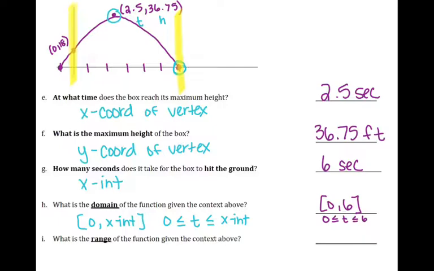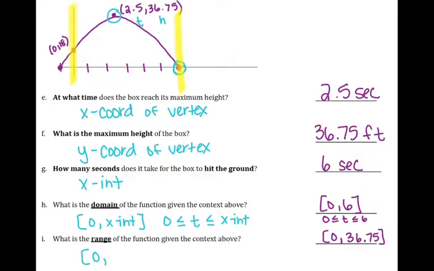Your range is your possible values for your height, since your y values are talking about your height. The highest your graph goes, or the box goes, is 36.75, and the lowest your box goes is 0, because that's when it hits the ground. So my range goes from 0 to 36.75.